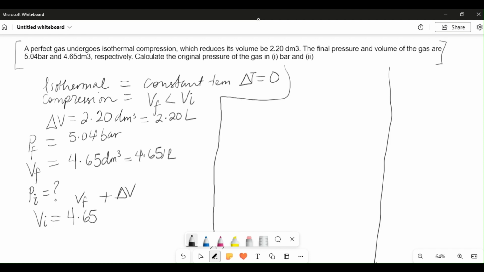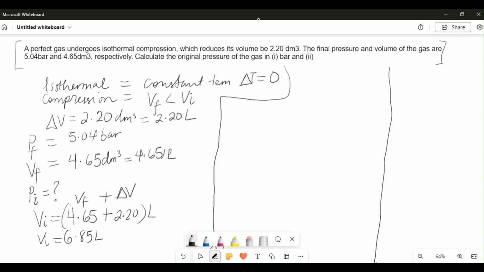The final volume is less than the initial volume, so plus the change in volume, which is 2.20 liters. All of them are in liters here. So the initial volume is going to be 4.65 plus 2.20, which is 6.85 liters. So that's the answer for that.